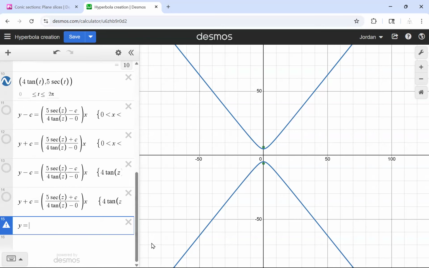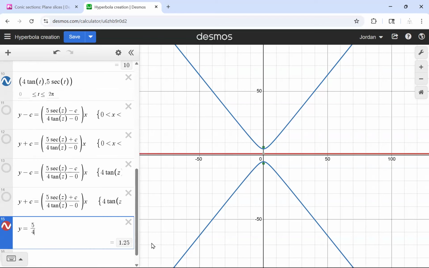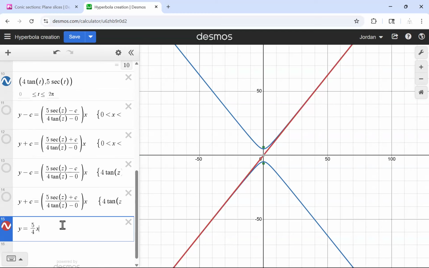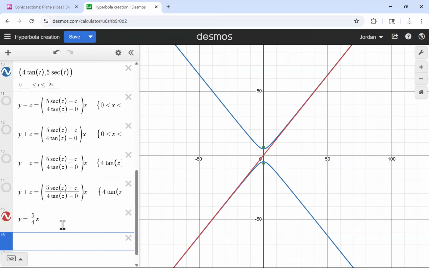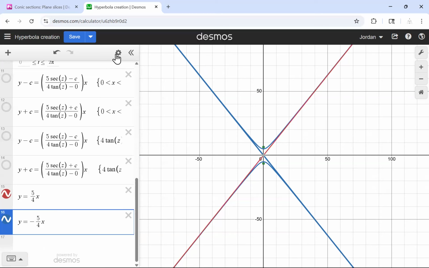So if I write y equals 5/4 times x, I'm going to get one of the asymptotes. On the other side, if I take y equals -5/4 times x, I'm going to get the other asymptote.